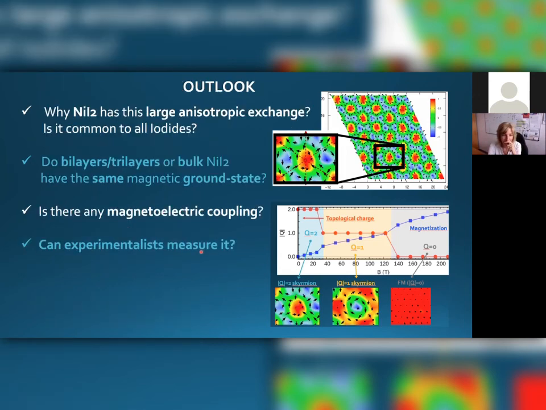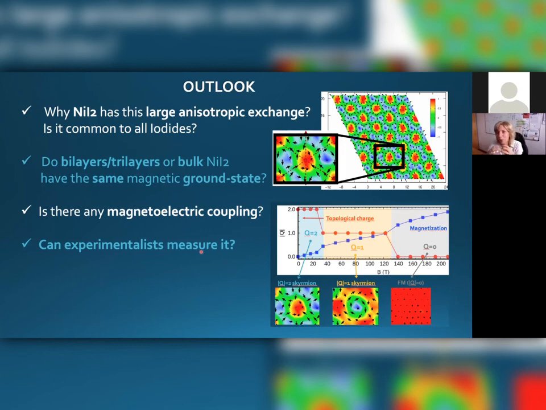Of course, this was the initial part of the story, but there are many open questions that one needs to answer. The first is why nickel-I2 has this large anisotropic exchange. Is it common to other 2D magnets? That is quite important, I think.